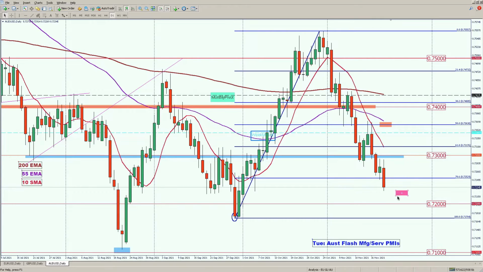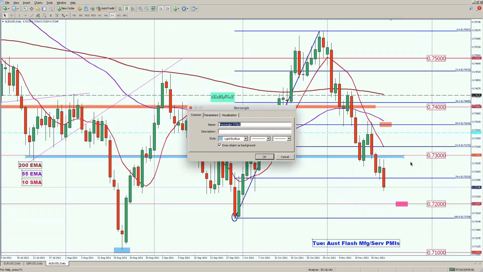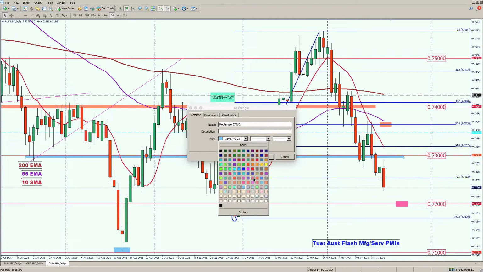So that's a bit bearish and possibly targeting the 72.00 now. So this 73 zone is going to be resistance.